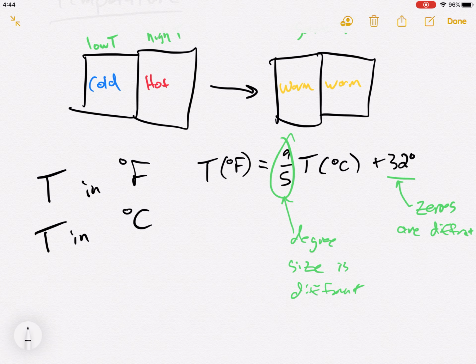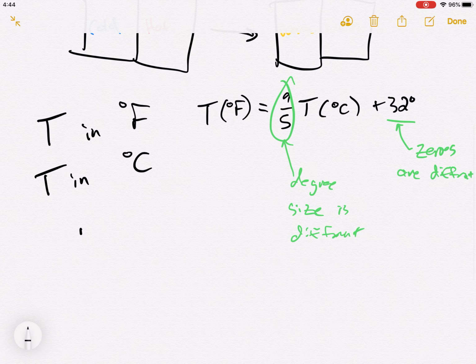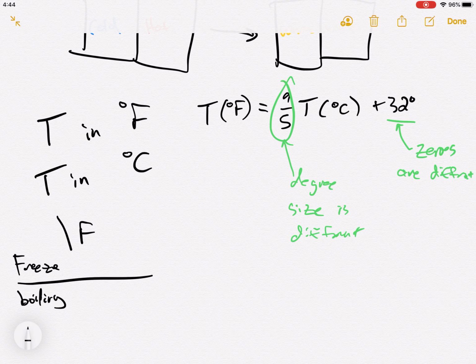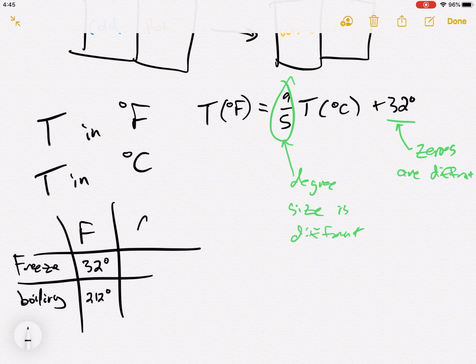Or we can do this again and say for Fahrenheit, we'll say freezing and boiling, again for water, because those are things that we know. So for Fahrenheit, freezing is at 32 degrees and boiling is at 212 degrees. For Celsius, it's 0 and 100.